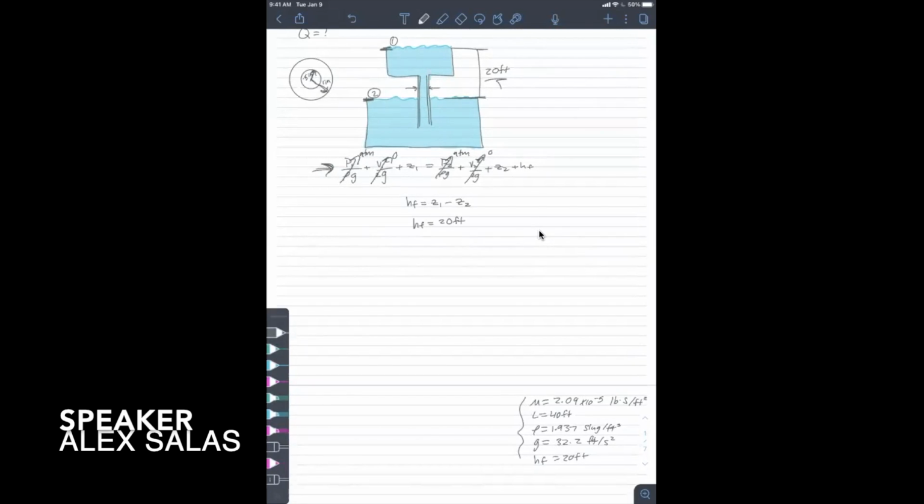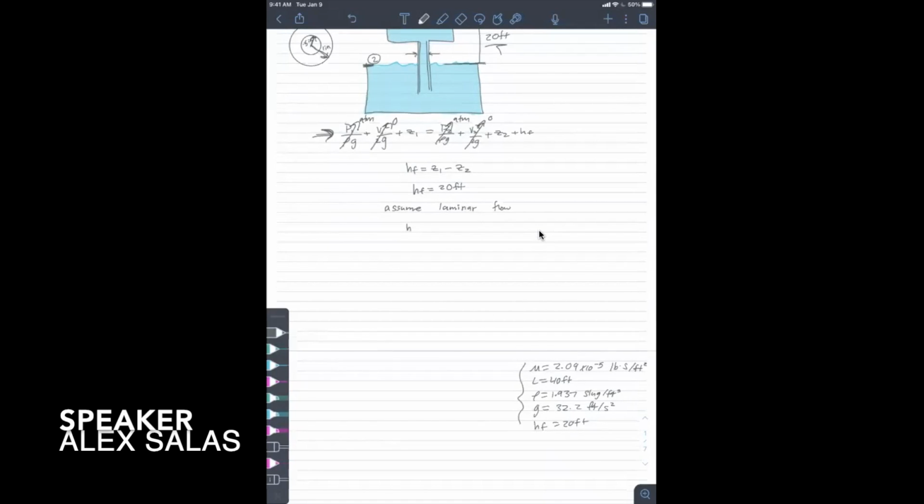And so now I'm going to assume laminar flow and use the head loss equation for laminar flow, which is 128 mu times the length of the annulus times Q over rho g pi D^4. So we're asked to find Q for the problem.